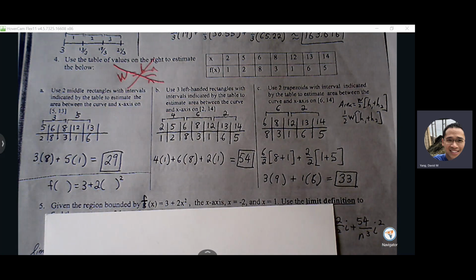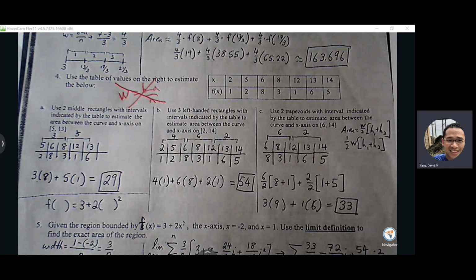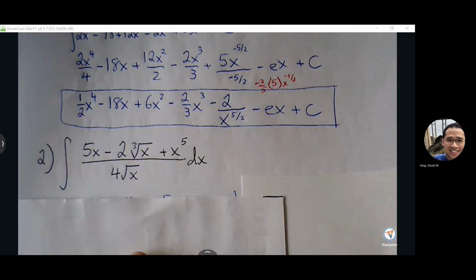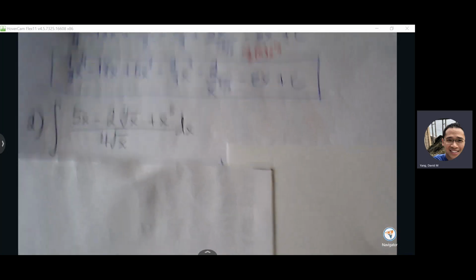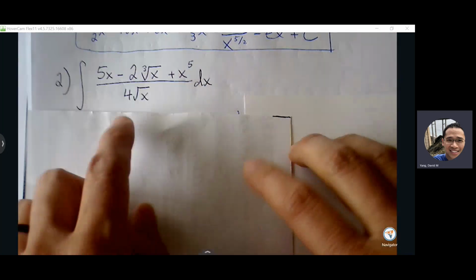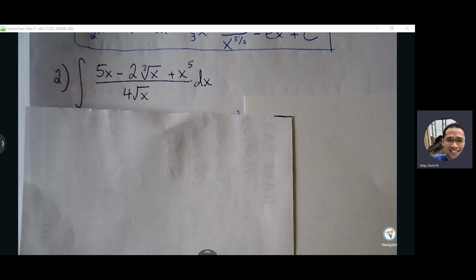Number 2 is a power rule problem, but it does require splitting up into individual fractions. First things first is to get all those radicals resolved, but we also have to figure out how to split up the fractions and bring the denominator up.